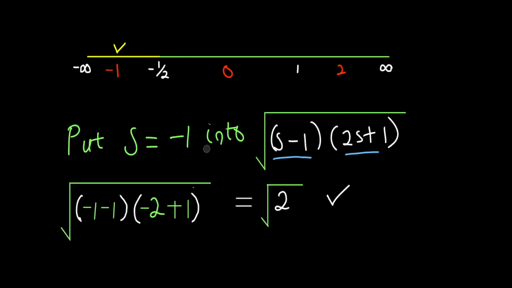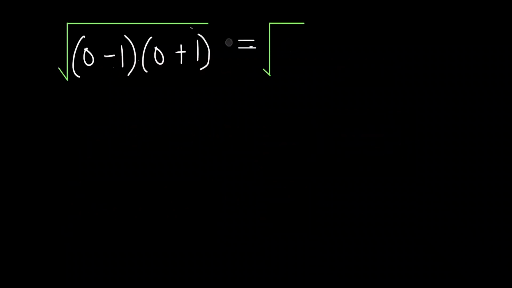Now, let's try the second interval from minus 1 over 2 to 1. We are going to put 0 into this very expression. So minus 1 times 1 is minus 1. So what we can see from here is that our result is square root of minus 1.